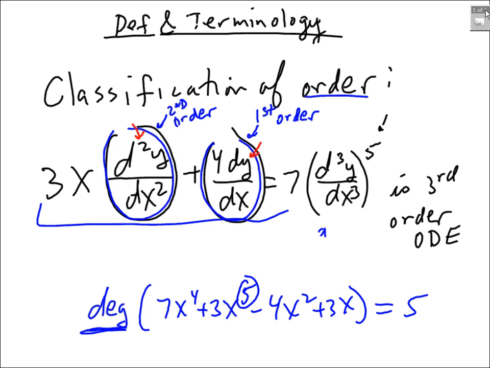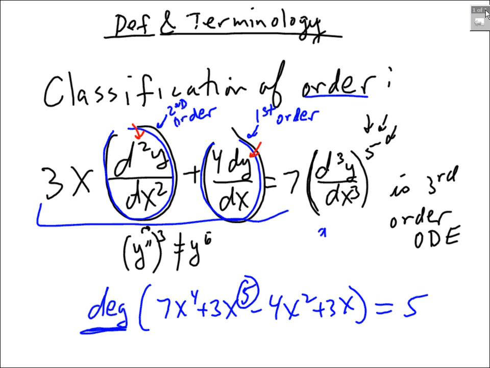This 5 has nothing to do with whether we're taking the first derivative or the second derivative. And think about it. The second derivative cubed is not the sixth derivative. 2 times 3 is 6. It is not that.